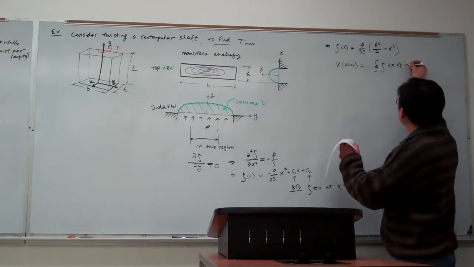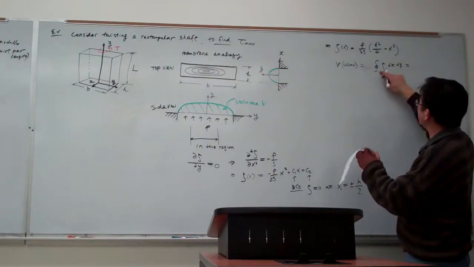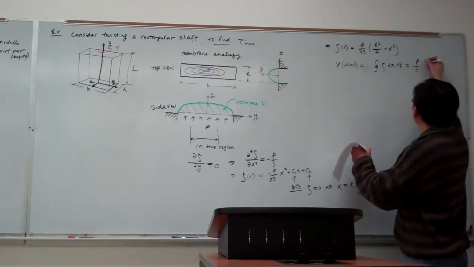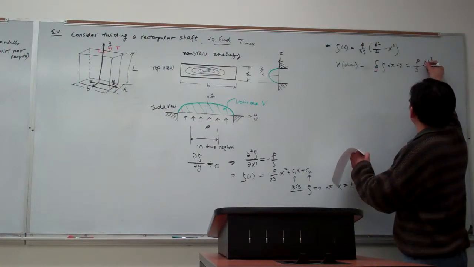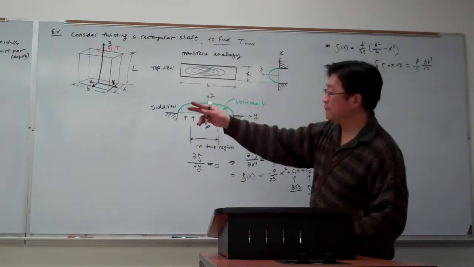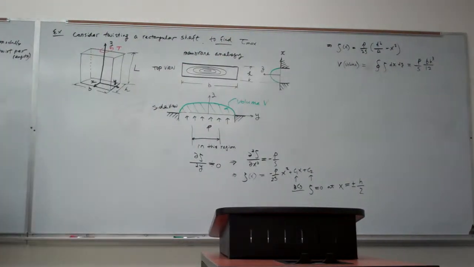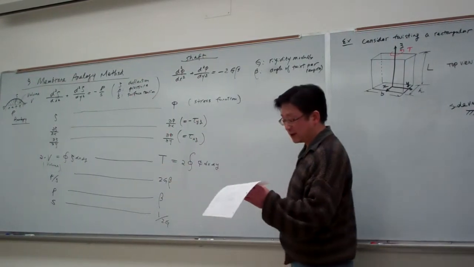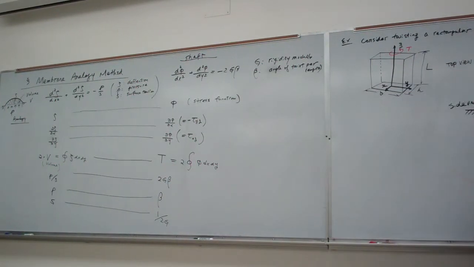We can plug this in and do it quickly, and that can be shown equal to P over S times b h cubed over 12. We got all the information on the analogy on the left-hand side, and we are trying to map it to the shaft on the right-hand side.